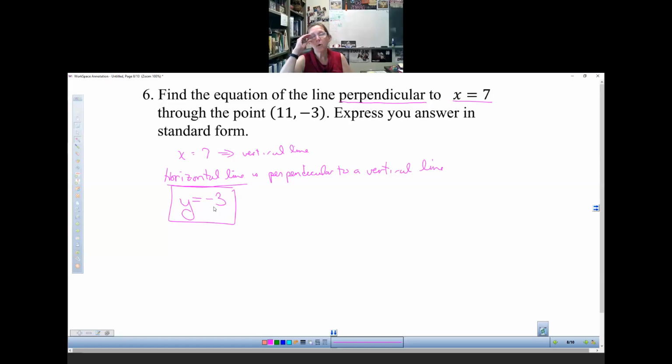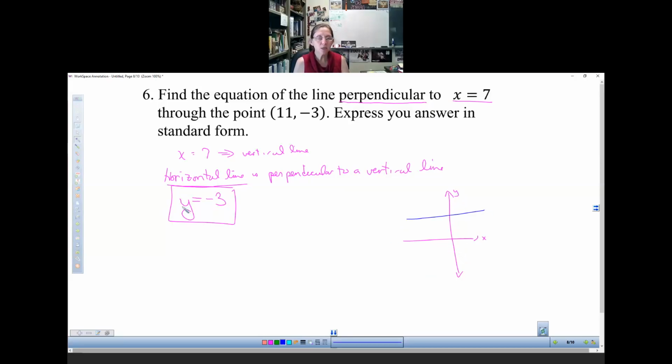Okay. One other thing I want to point out to you about the vertical and the horizontal lines. So if here is, this is a terrible picture, but anyway, here's my x-axis and my y-axis. Your horizontal line crosses your y-axis, correct?